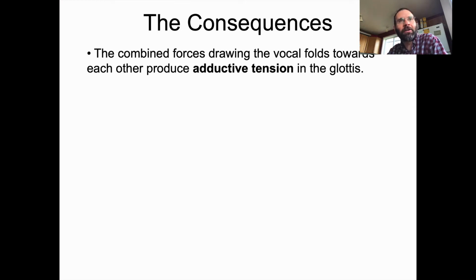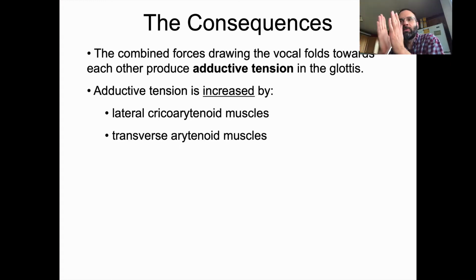We talked about them in terms of whether or not they can adduct, or bring together, the vocal folds, or abduct, or pull apart, the vocal folds. You can think about those forces more abstractly in terms of what is called adductive tension in the glottis, which is basically the tension towards the midline of your body, how much you're going to press the vocal folds together versus pulling them apart.